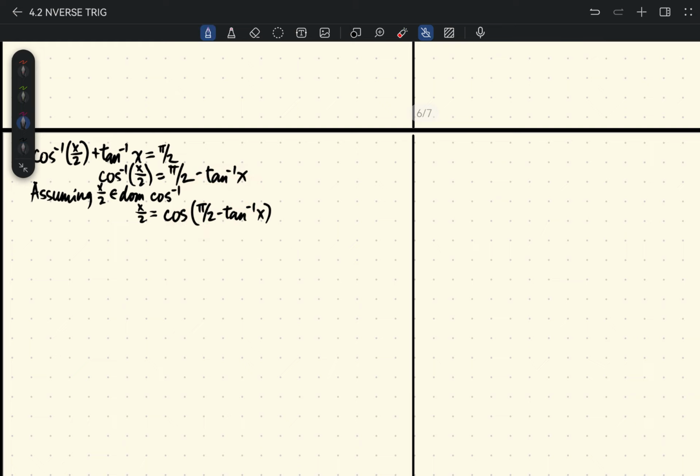So from here, you can either apply difference identities, or if you recall, cosine of pi over 2 minus x is just sine of x.